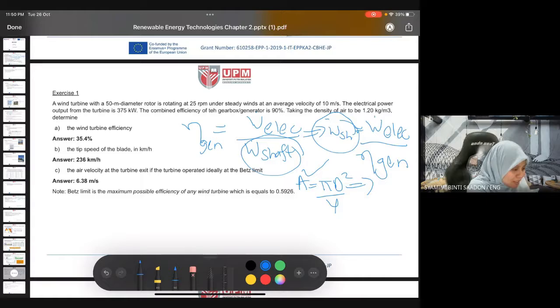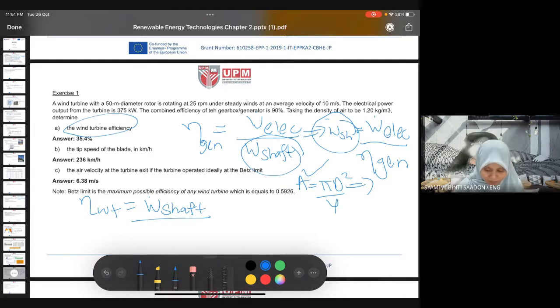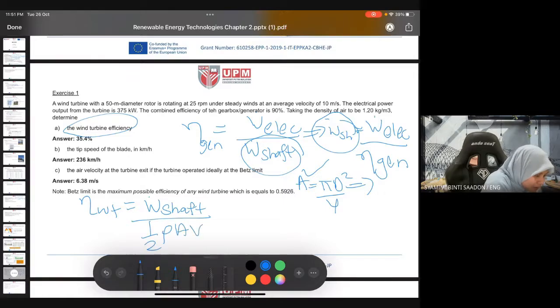And then we calculate the wind turbine efficiency. So the definition of wind turbine efficiency is the shaft power just now over 1/2 rho A V cubed, the available power.